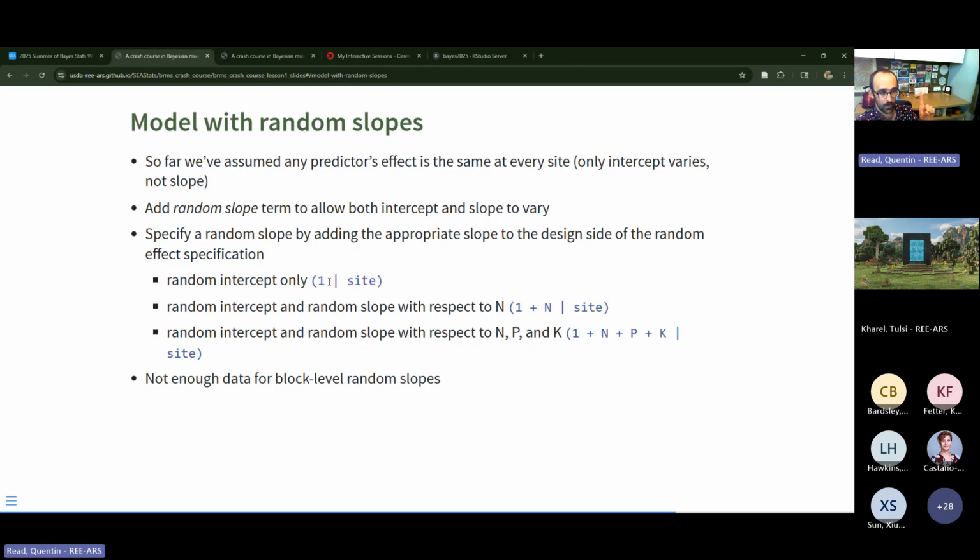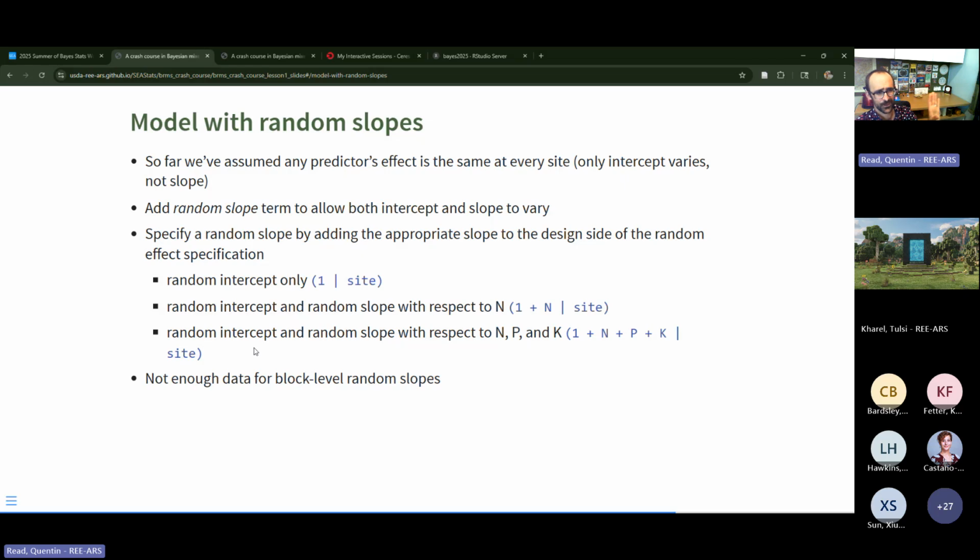So only 1, meaning an intercept. We only have an intercept for each site. If we want a random intercept and a random slope with respect to nitrogen, so allow the nitrogen effect to vary by site, we would just add 1 + N on the left-hand side. And you could do as many effects as you want on that left-hand side. We could do random effects for nitrogen, phosphorus, and potassium if we put that all on the left-hand side.